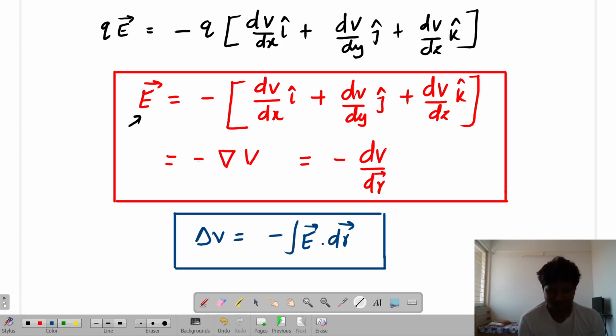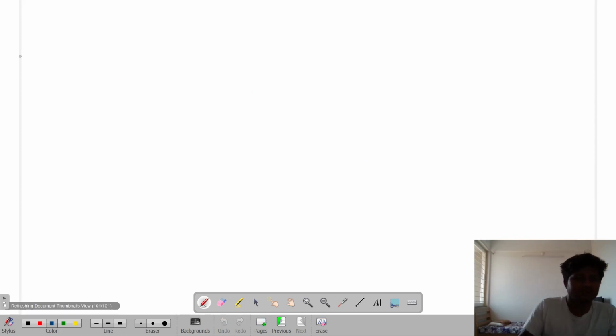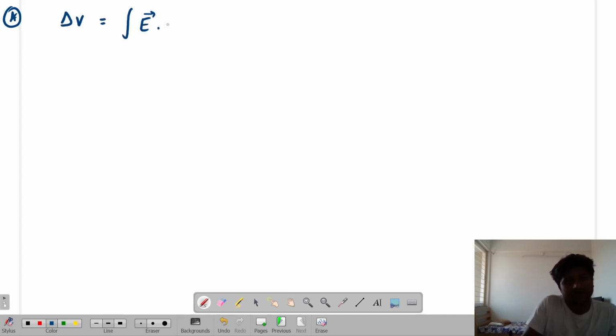So let us just understand this equation delta V, which is of very important concern to us. So we write delta V as minus integral E dot dr. This is my electric field and this is my dr vector.